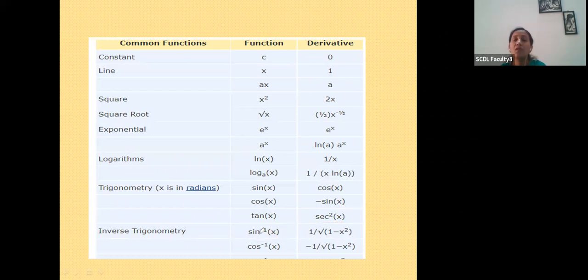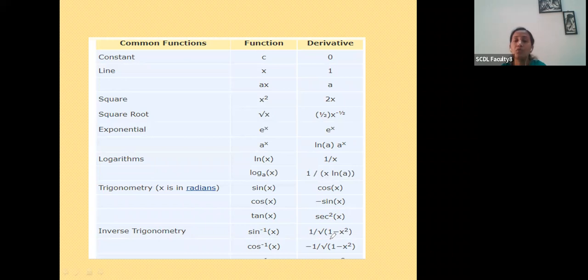Now, if there is an inverse trigonometric function, like sin inverse x, d by dx of sin inverse x, in this condition you have to write 1 upon root 1 minus x square.